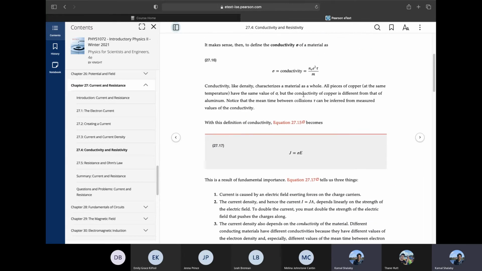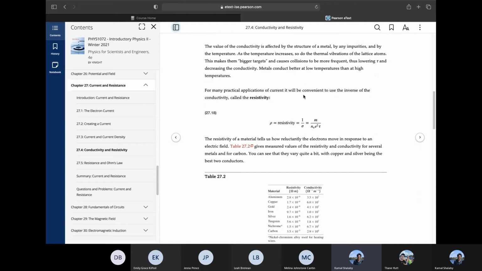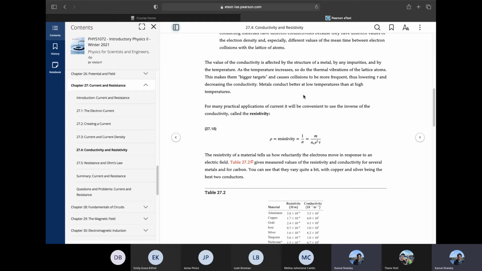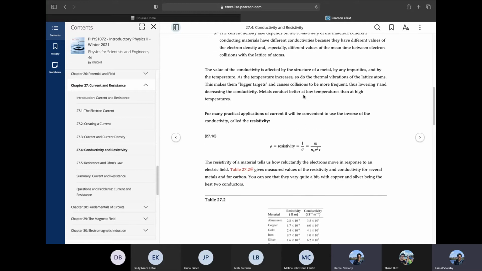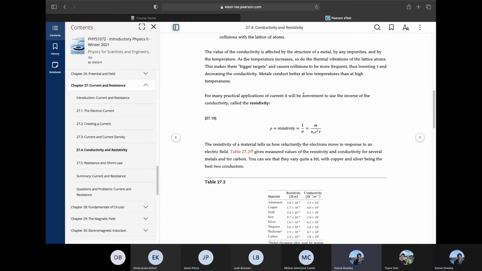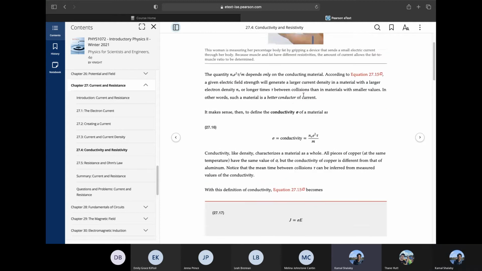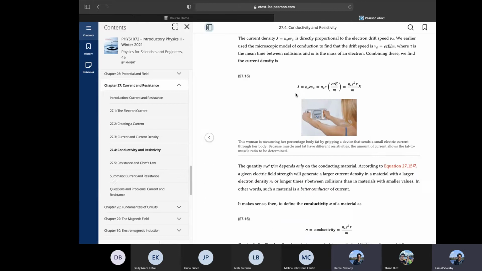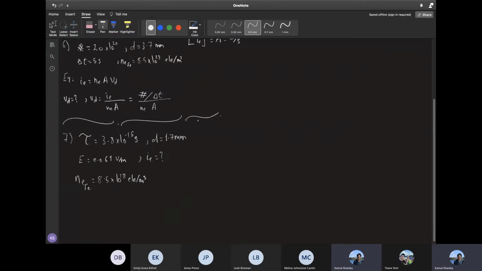No, so that's not what we need. Or does it? Okay, so equations that we do have: the electron current is equal to the electron density multiplied by the area multiplied by the v_d.